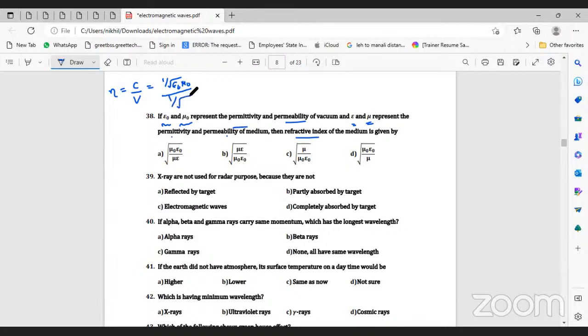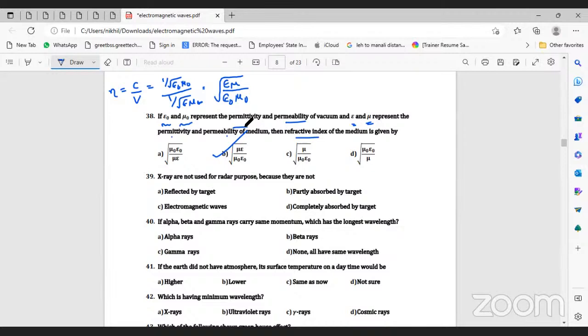V is 1 divided by root epsilon into mu. This can also be taken as root of, the denominator of a denominator goes to numerator, that is epsilon into mu divided by epsilon naught into mu naught. So the refractive index is given by the formula n is equal to root of epsilon mu divided by epsilon naught into mu naught. So you can take up option B, which is the right answer.